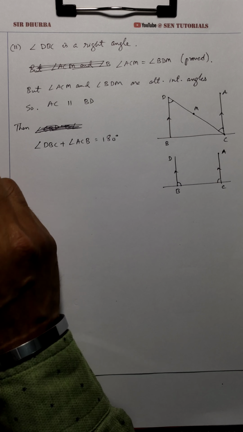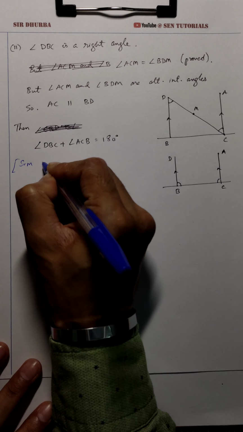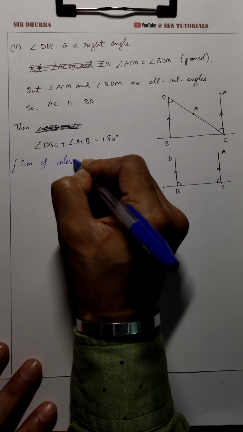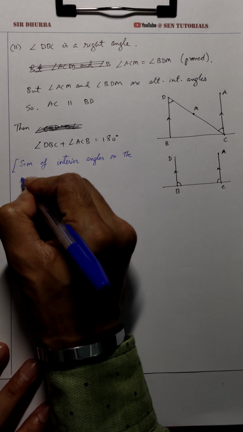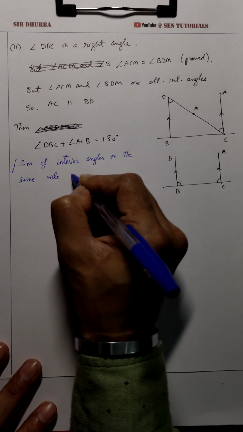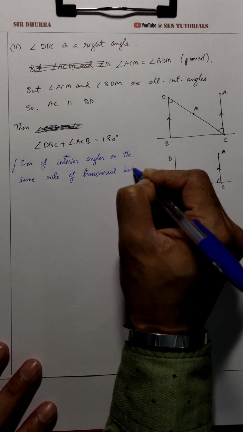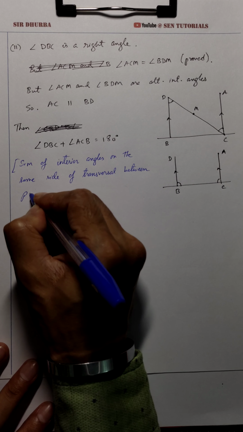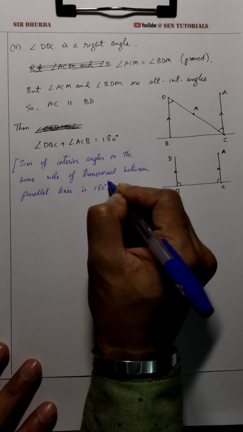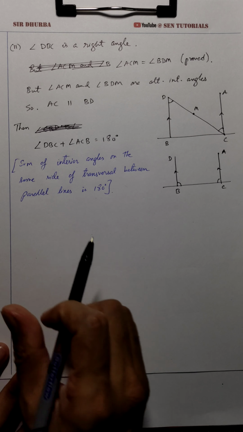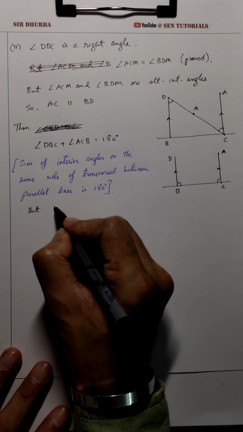We will write down the reason also: sum of interior angles on the same side of the transversal between parallel lines is 180 degrees. But actually what is given?